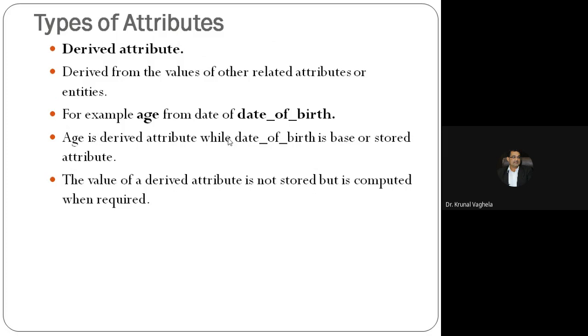If you are calculating your attribute's value based on some other value, then it is a derived attribute. For example, age. She said age is derived from date of birth. If I tell you my date of birth, can you derive my age? Yes. So such are derived.